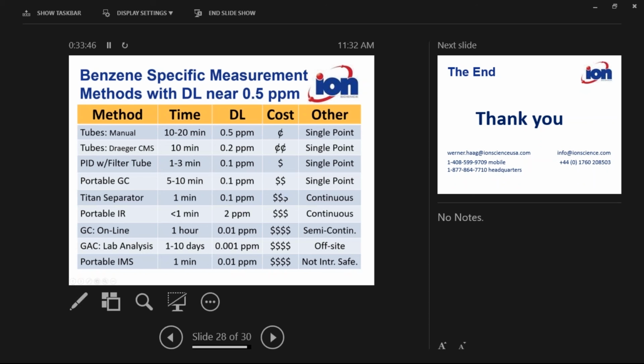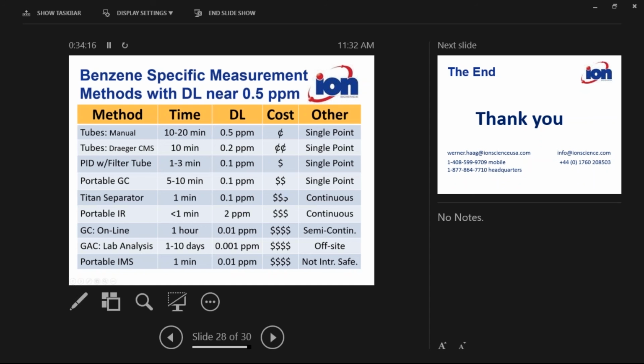You can use an automatic tube system like the Draeger CMS. That takes about 10 minutes, less labor intensive, lower detection limit, a little bit higher cost, but again, it's a single point. This PID, like the Tiger Select, with a filter tube, you can get a sample reading in 1 to 3 minutes. The detection limit's about 0.1 ppm, and the cost is moderate.